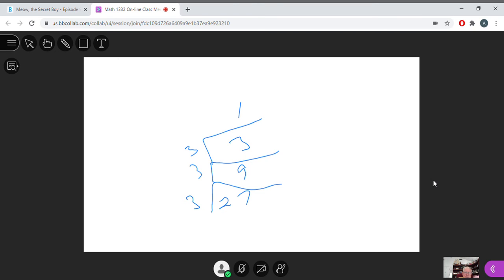So 27 is equal to 3 cubed. That means 3 times 3 times 3 is 27. So I just wanted you to see that. Some of them look a little more complicated than others, but they're not. And so it's easy. But it's easy for me, and it should be easy for you. You just have to practice.